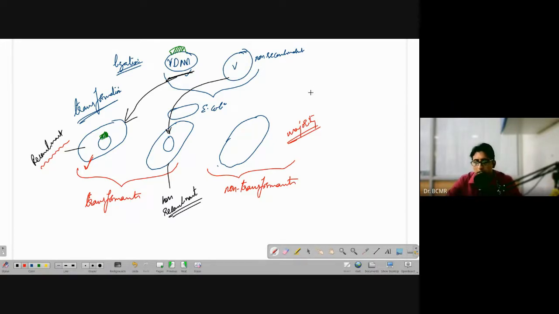When we were discussing vectors, we did discuss that we need to have selectable markers, right? That is usually antibiotic resistance genes. They will eliminate all the non-transformants. How do they do it?